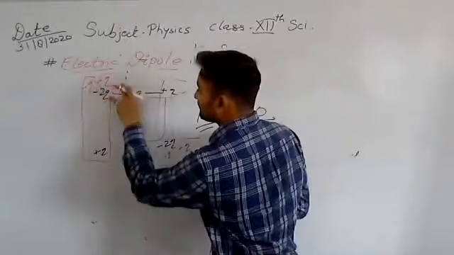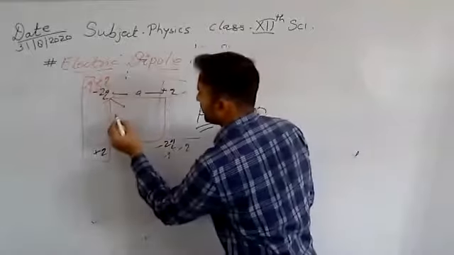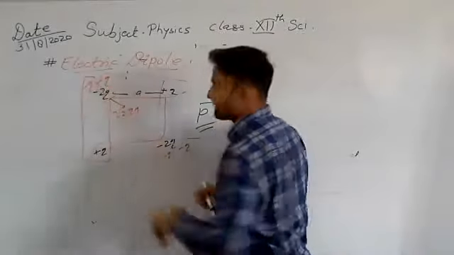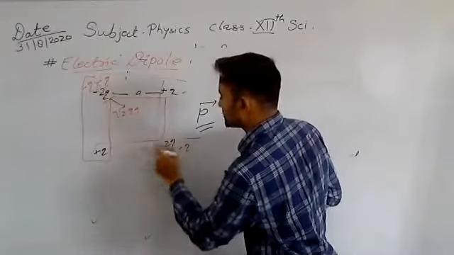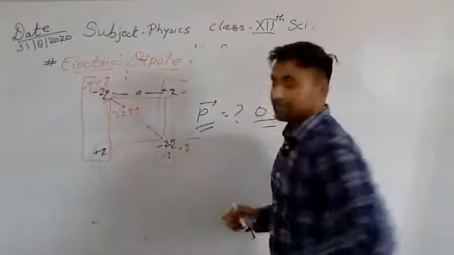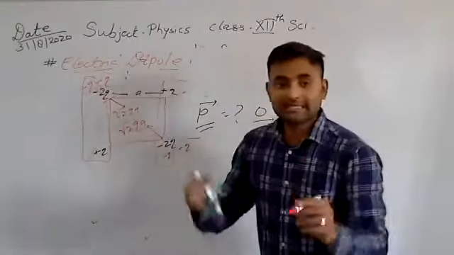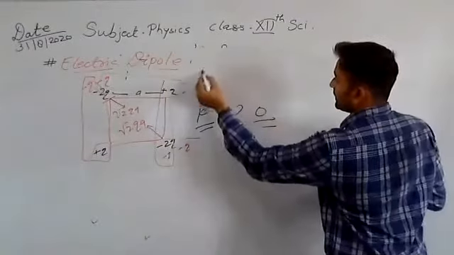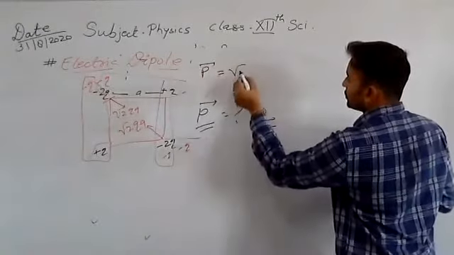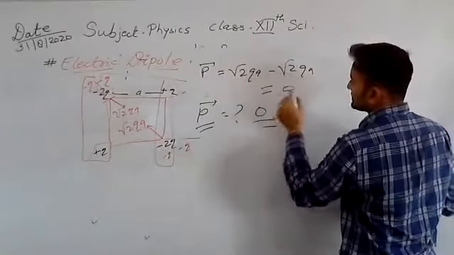The resultant of these two dipoles will be in this direction, and that will be root 2 qa. The resultant of these other two dipoles will be in this direction, and that will also be root 2 qa. So the resultant of the dipole will be root 2 qa minus root 2 qa, which is 0.